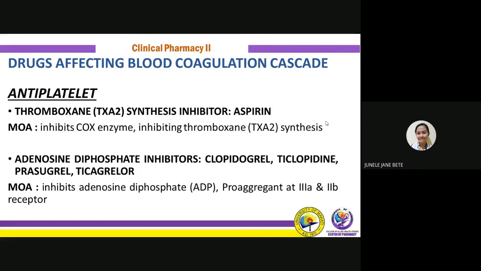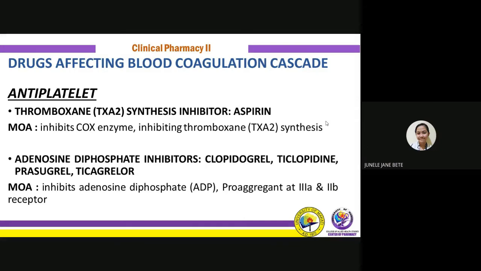And then for adenosine diphosphate inhibitors, clopidogrel, ticlopidine, prasugrel, and ticagrelor, they inhibit adenosine diphosphate, which is a proaggregant at the glycoprotein 3A and 2B receptor.